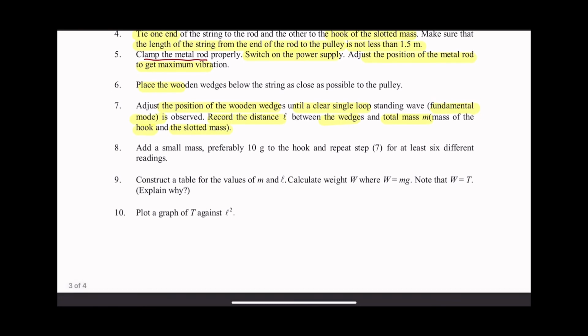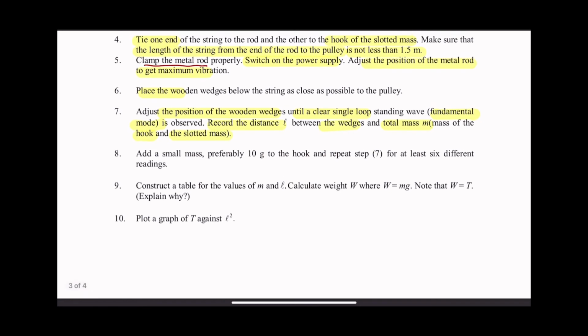So you have to add mass until you get the shape of the first, the fundamental mode, with consecutive readings of different L with changing masses. As the masses increase or decrease, what is the value of L? Here it prefers that you start with a small mass. Then repeat the step for at least 6 different readings. 6 different readings means 6 readings.